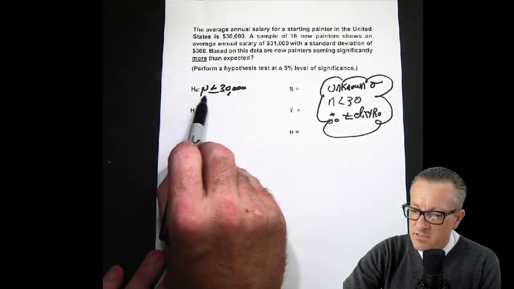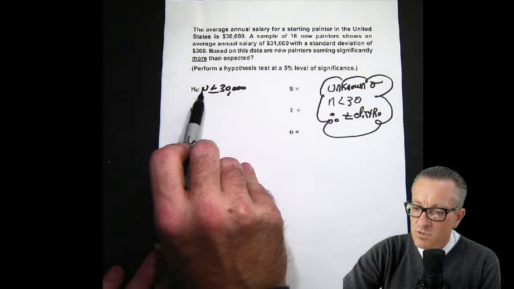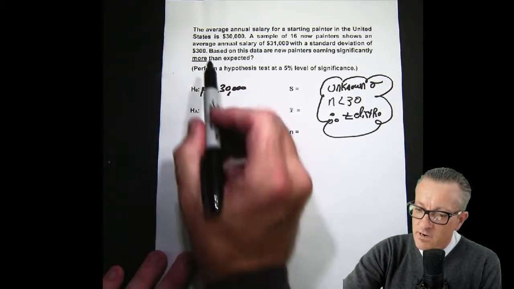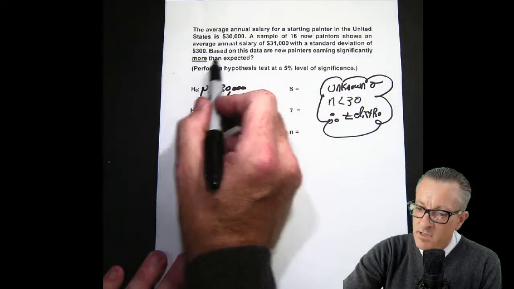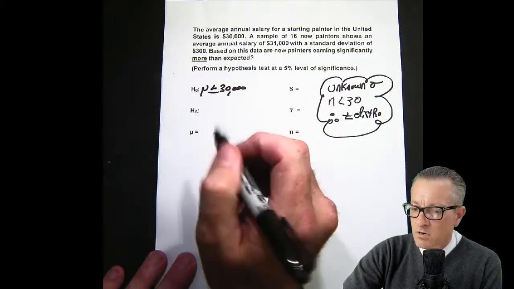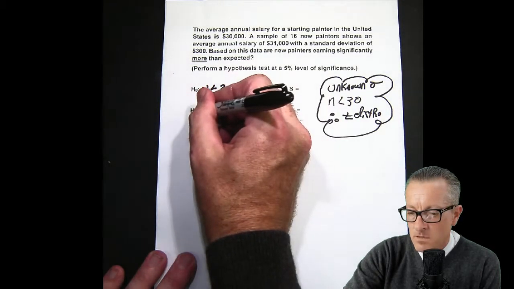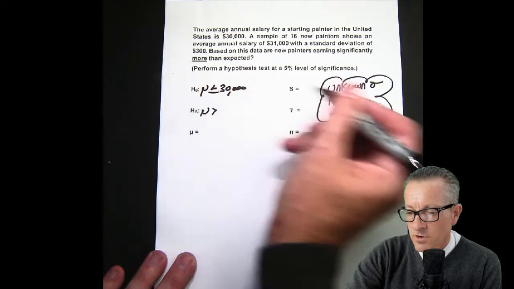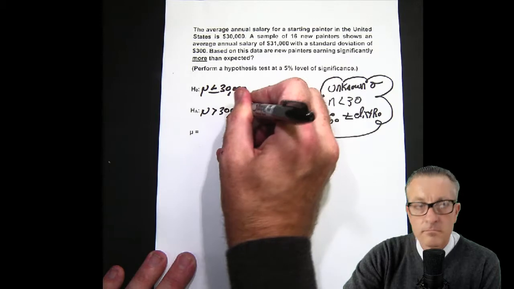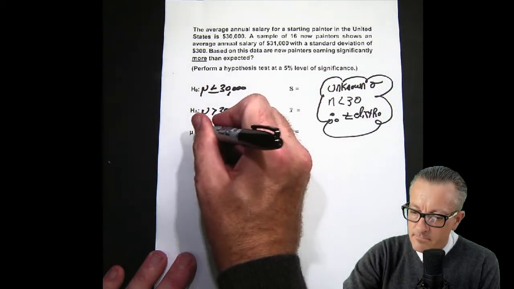I know this is the alternative because the last part said, based on this data, meaning the sample, are they making more? So our alternative hypothesis has to be the more part. So that's mu greater than 30,000. Okay, and mu is 30,000.